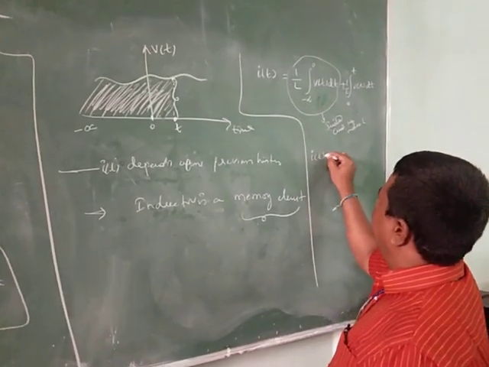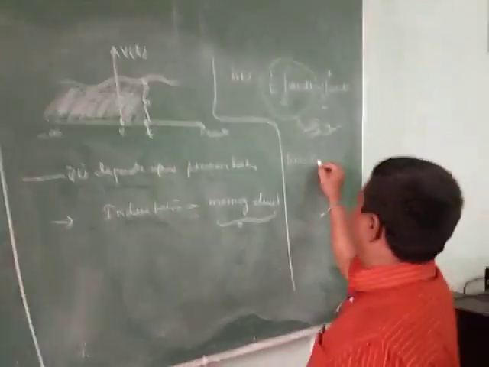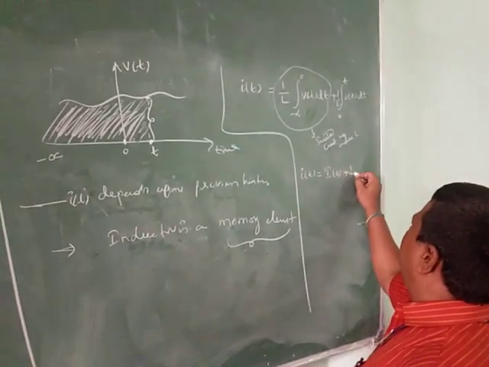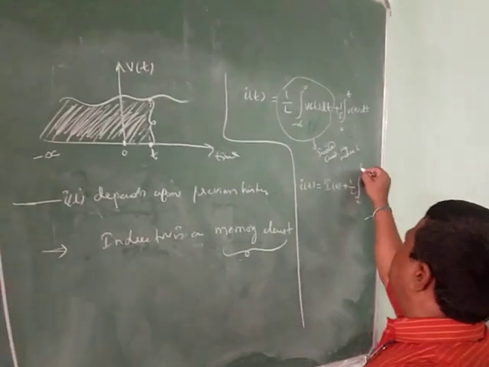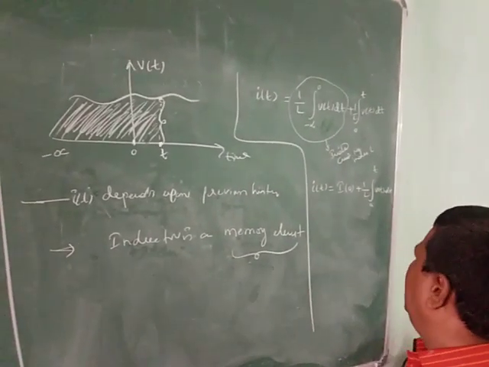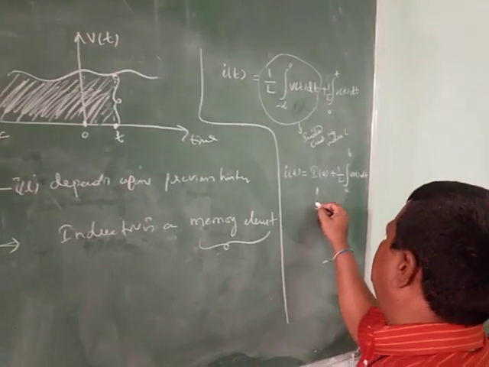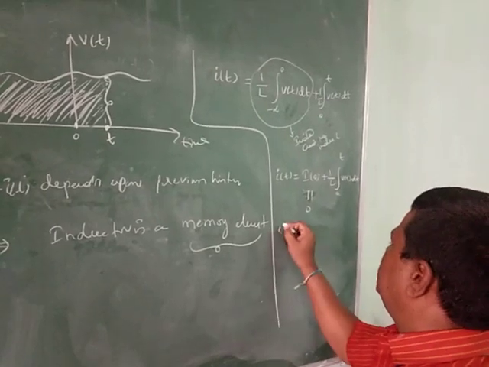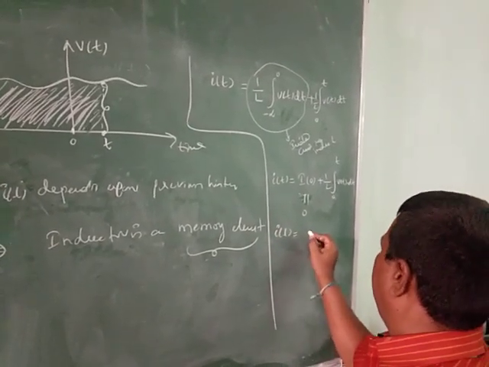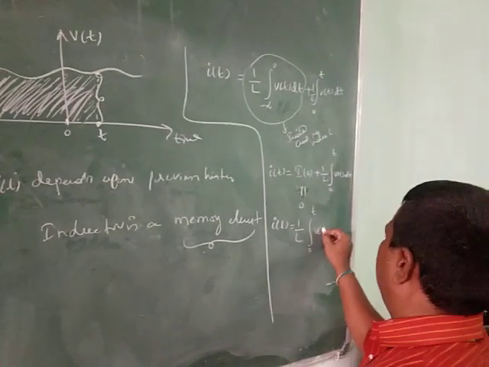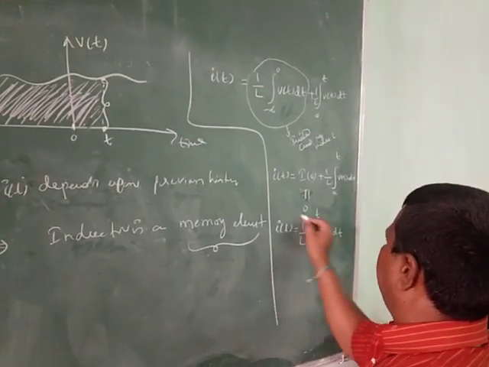Now I of t is equal to I of 0, the initial current, plus 1 by L integral from 0 to t of V of t into dt. If the initial current I of 0 is equal to 0, then I of t is equal to 1 by L integral from 0 to t of V of t into dt.